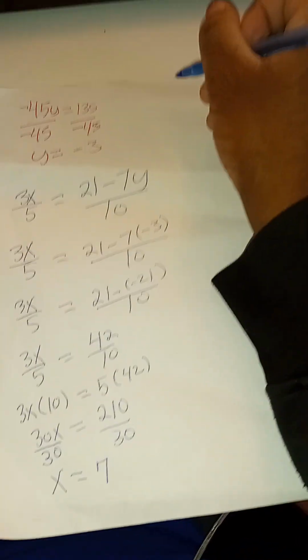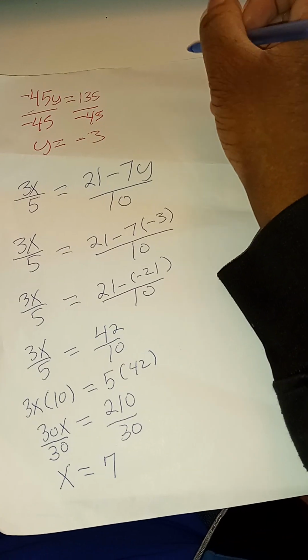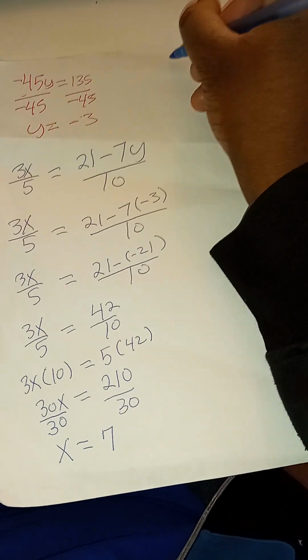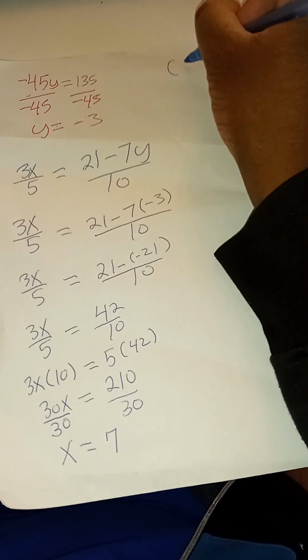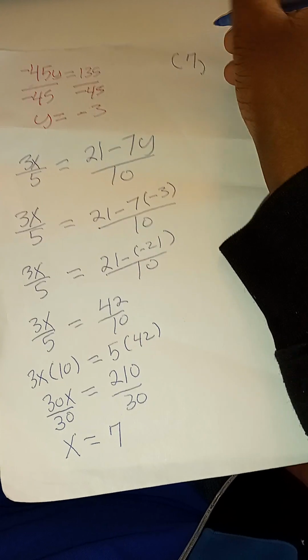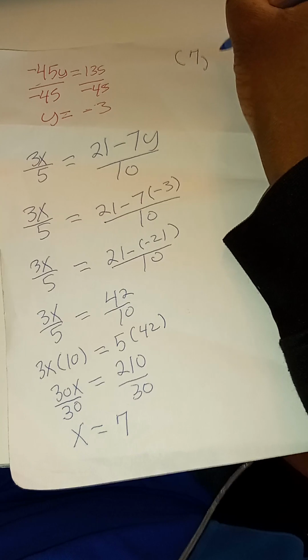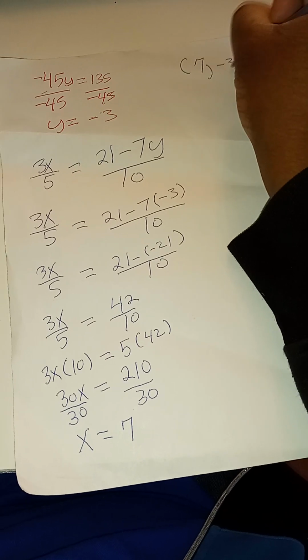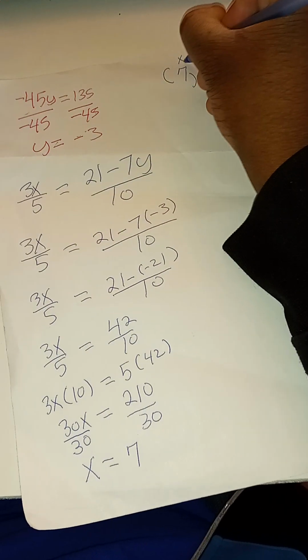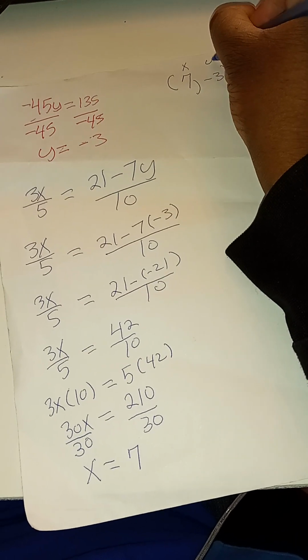So we found our Cartesian coordinate that will satisfy both equations, and that is in the form of x is equal to 7 and y is equal to negative 3. So we put this in the form of 7 comma negative 3. The 7 represents the x coordinate and negative 3 represents the y coordinate.